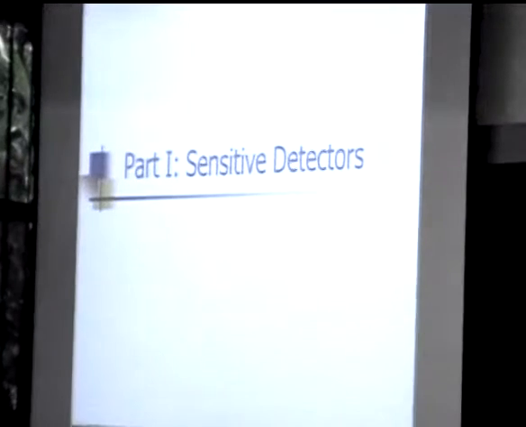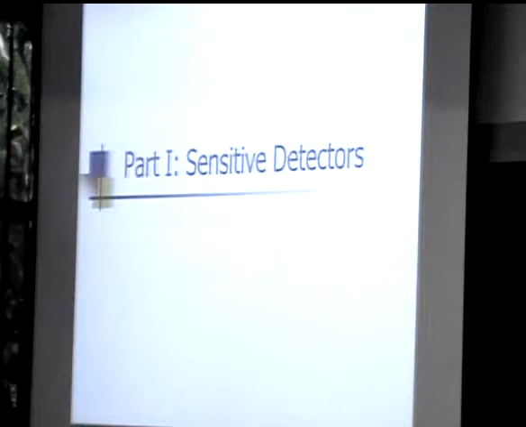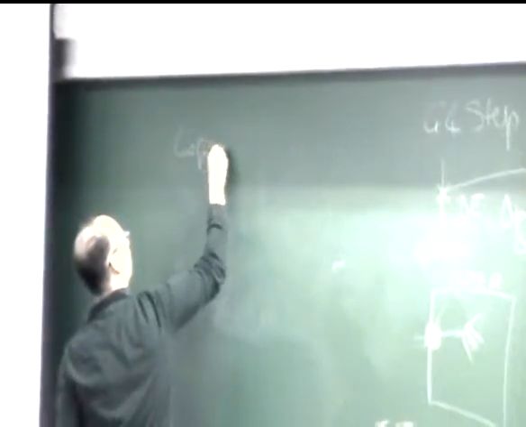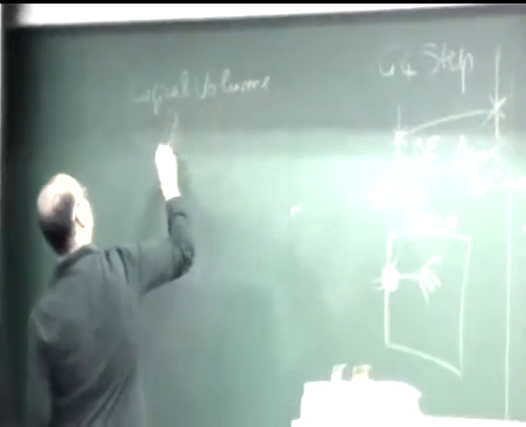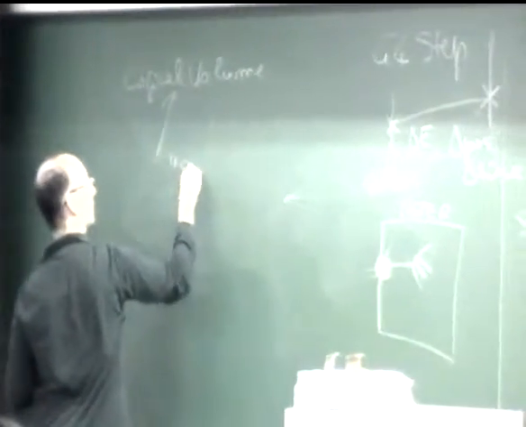So the way GEANT4 handles information retrieval is the so-called sensitivity. You can mark some of the detectors, some of the volumes. You have a logical volume which can have a property called sensitivity.